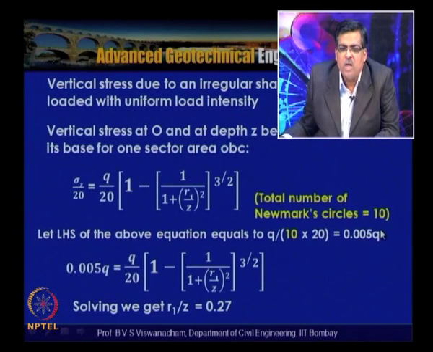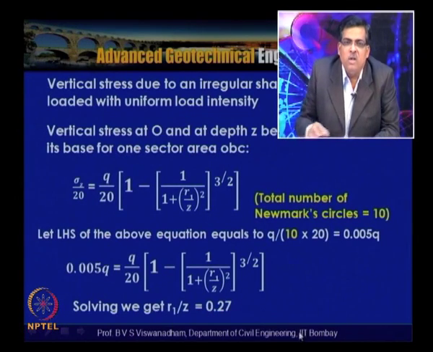For calculating the radius of the first Newmark circle, the left hand side of this equation is assumed equal to 0.005 Q, which is Q by 20 into 1 minus 1 by 1 plus R1 by Z whole square to the power 3 by 2. By solving, we get R1 by Z equal to 0.27.